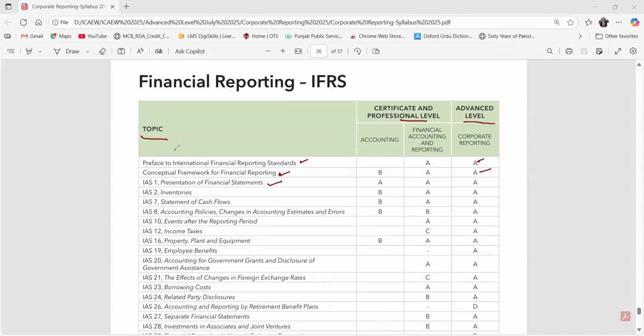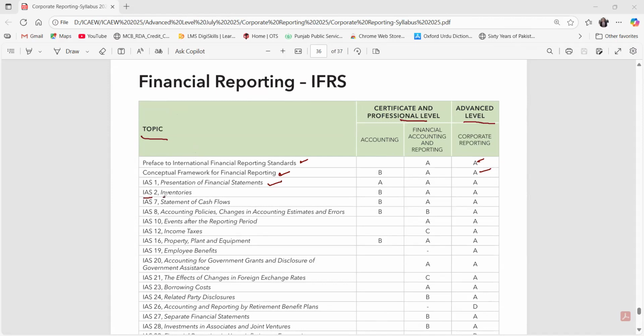Some candidates might have experience, some might not. So the paper setter has this assumption in mind, and the paper is defined on this basis. You may or may not have experience. So whenever I use the term skill base or experience base, please do not confuse yourself.